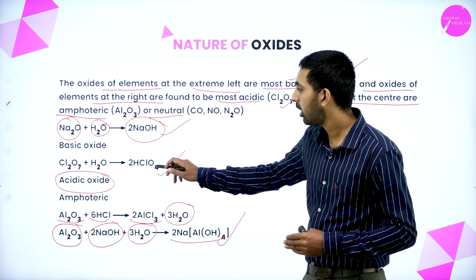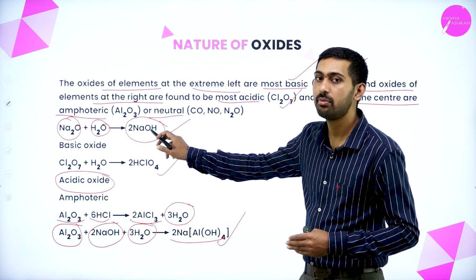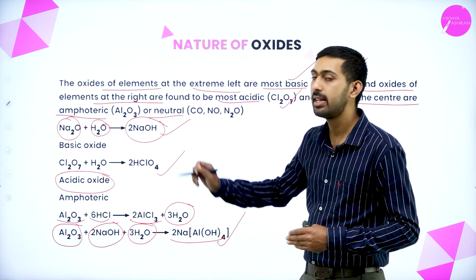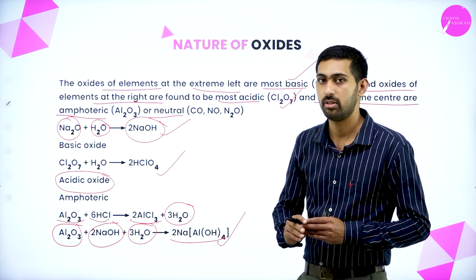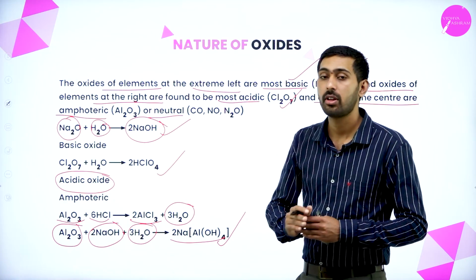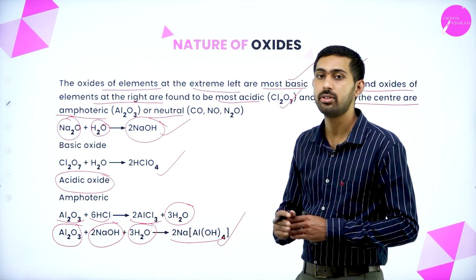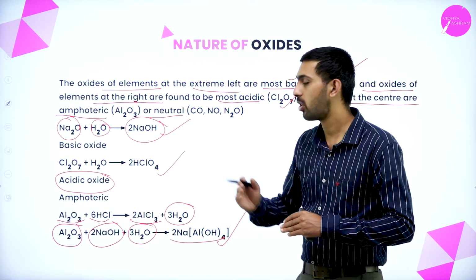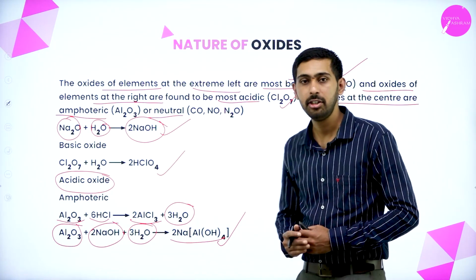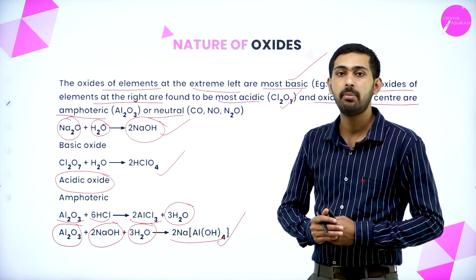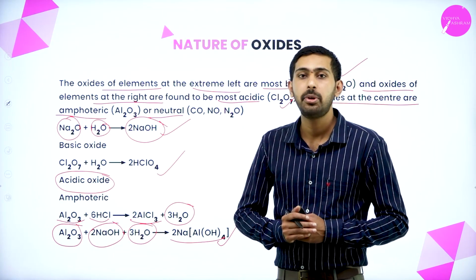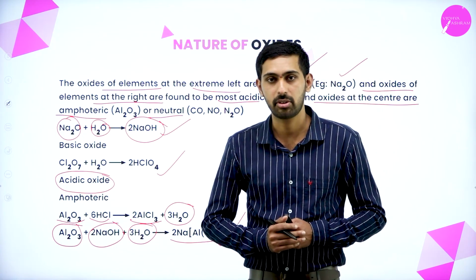The elements at the left of the periodic table form basic oxides. But the elements at the right side, the halogens, when made to react with water, give acidic nature. Okay. This is all about the classification of periodicity of some elements. Thank you.